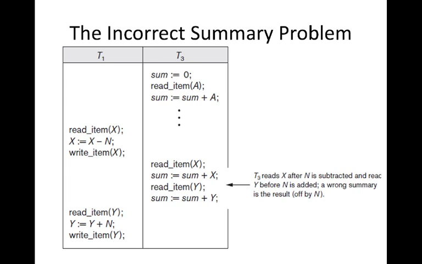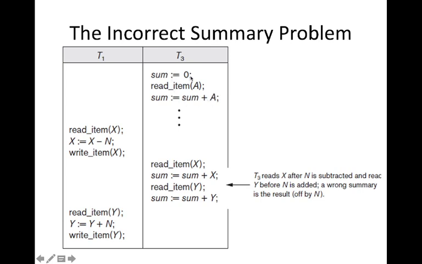Then the third type of problem that can occur is known as incorrect summary problem. If we have the same transaction and another transaction T3, what it does is simply sum up all the items that are being read.